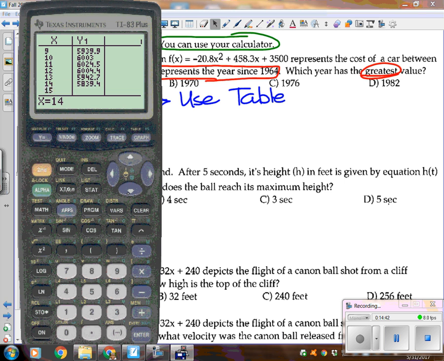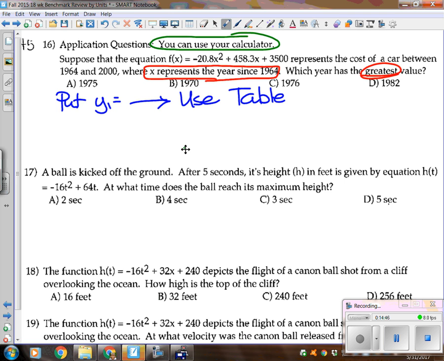If I keep going, the value of the car is coming back down, so it's getting older and older. So in the table, it was at x equals 11 where it was the greatest value. So my answer would be 1964 plus 11 years. If you add those 11 years, you get 1975. It was A. My choice is A.